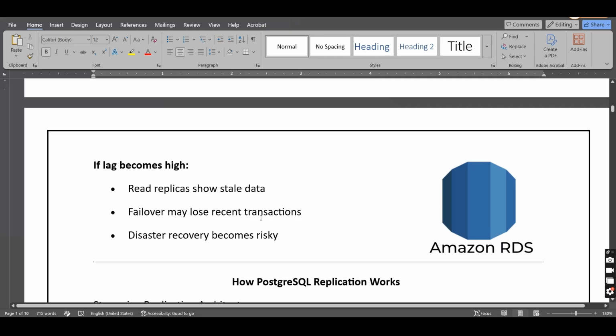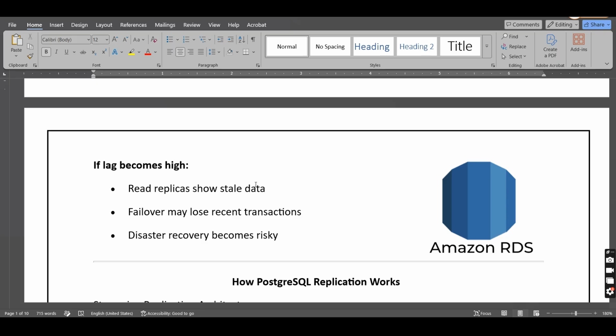Another point to discuss: what happens when the replication lag is high? When the lag becomes high, the read replicas show stale data, meaning you will receive outdated data for your operations. If you are performing analytical operations using your standby DB, you will see stale data there.